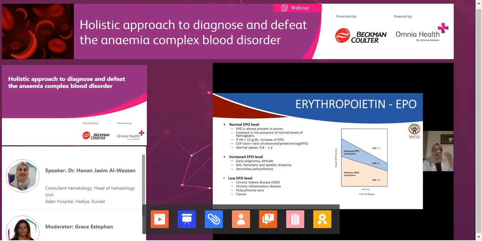If the hemoglobin drops below 12, there will be an increase in erythropoietin. When the observed to predicted ratio is decreased, there is a defective production of erythropoietin.